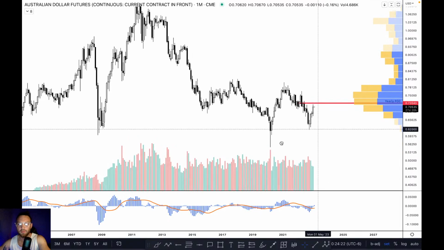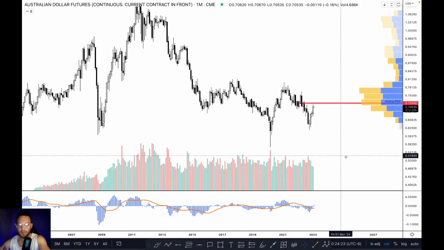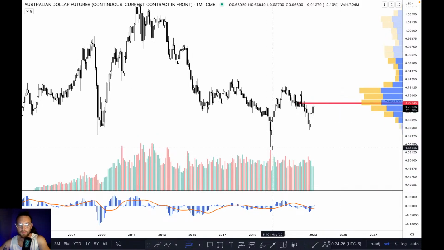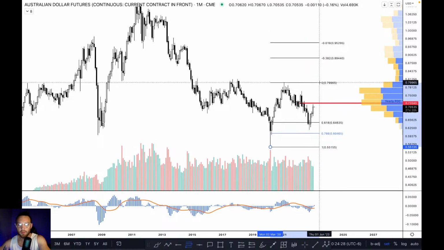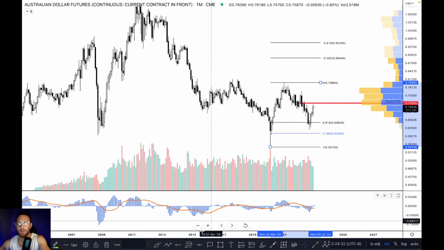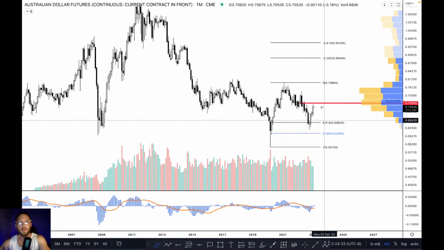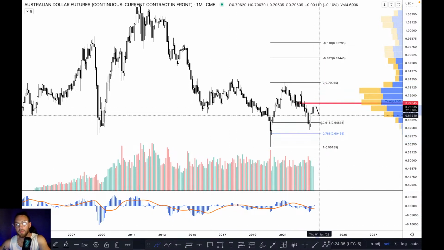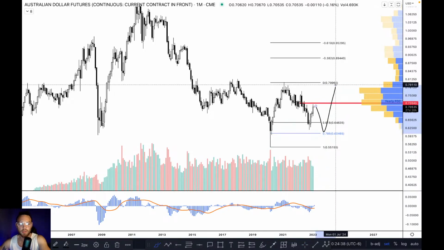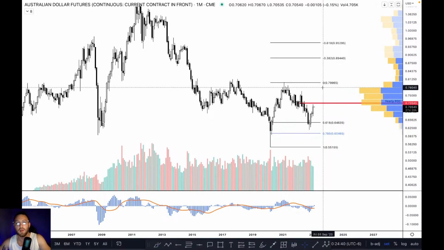And it's just kind of shown that strength throughout the years, actually. Coming into this fib, 61.8, I think if the other currencies make a double bottom, this one is going to look really good on a macro perspective. We don't trade the Aussie that much, but the way this one looks is really clean.